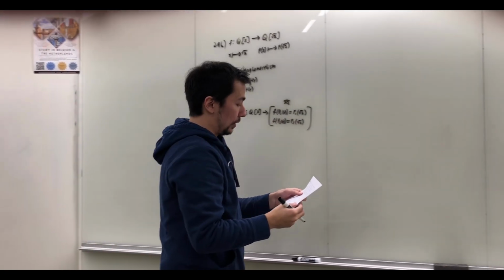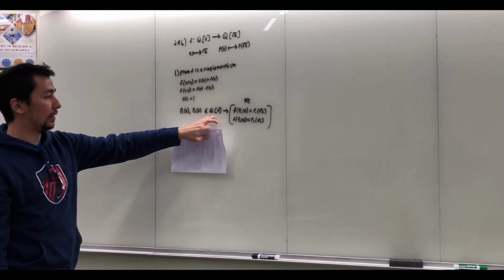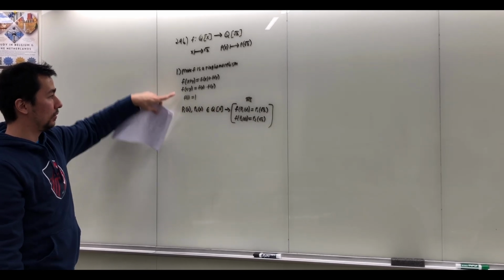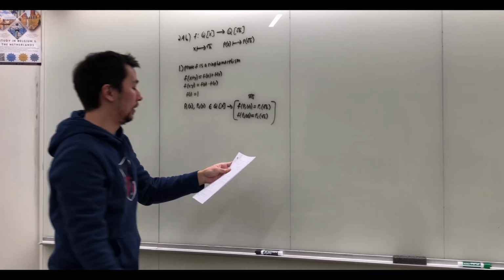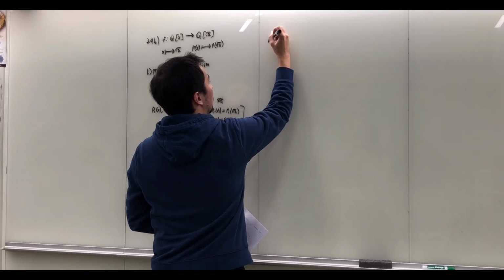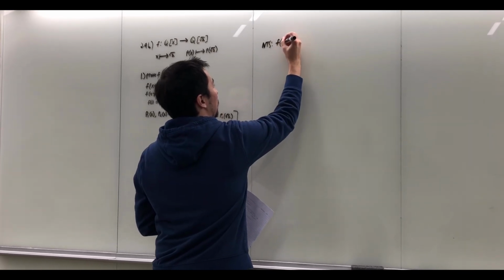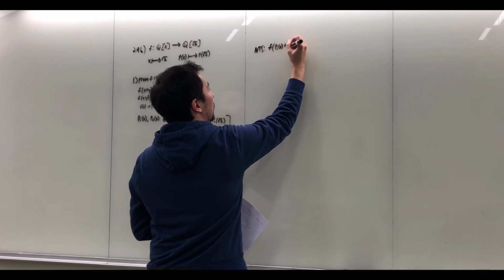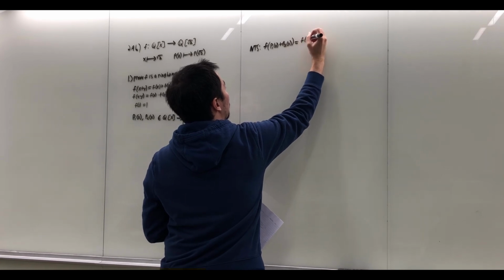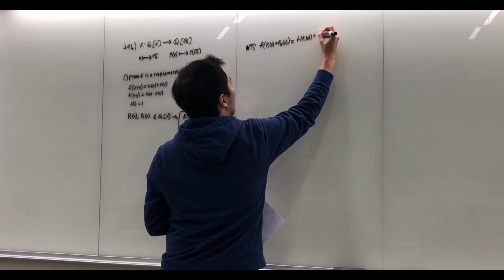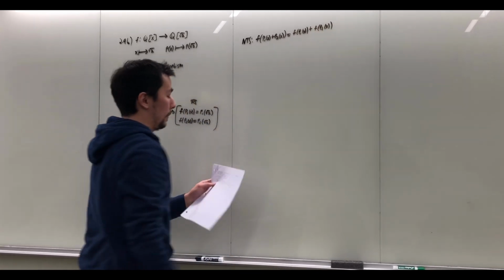So the first thing we're going to do is come over here, and since we're defining P1 of x and P2 of x as elements, P1 is going to be our x and P2 will be our y. So we need to show that f of P1 of x plus P2 of x is equal to f of P1 of x plus f of P2 of x.